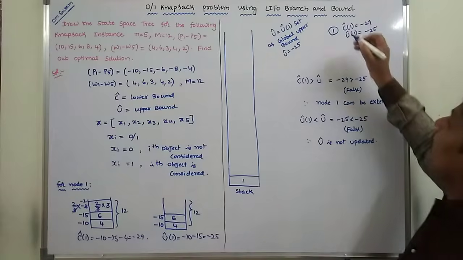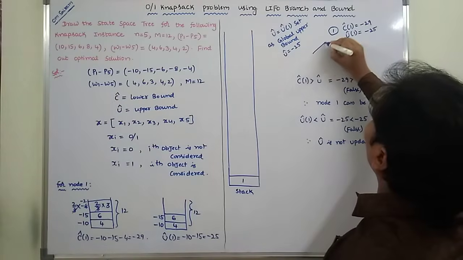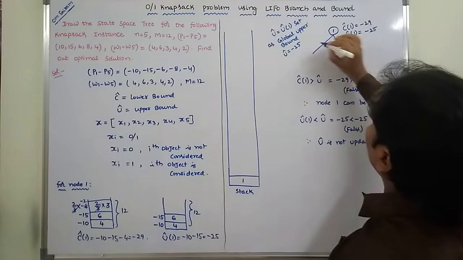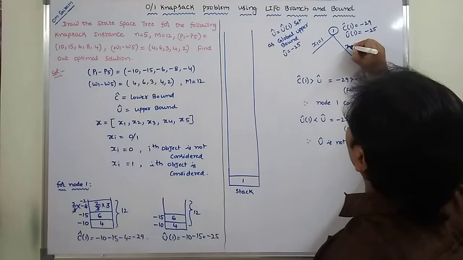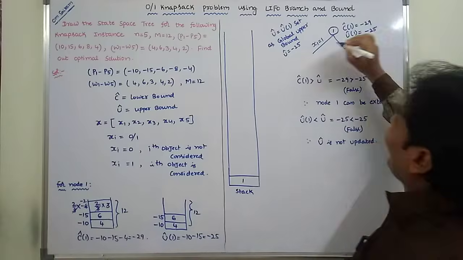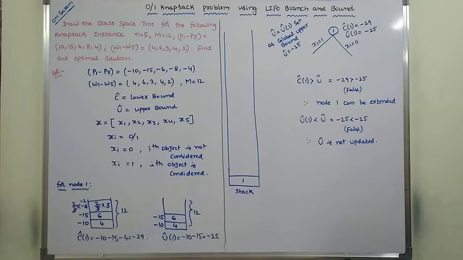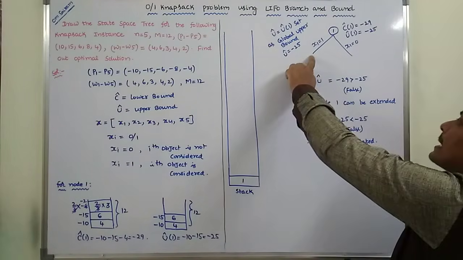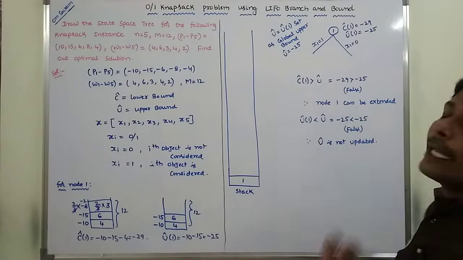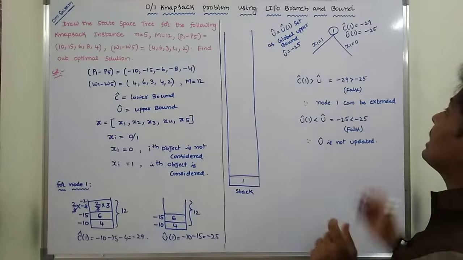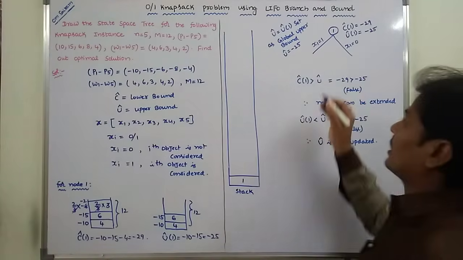Okay. Now we are extending node 1 by taking x1 is equal to 1 and x1 is equal to 0. x1 is equal to 1 means we are considering the first object compulsorily. x1 is equal to 0 means we are not considering the first object.